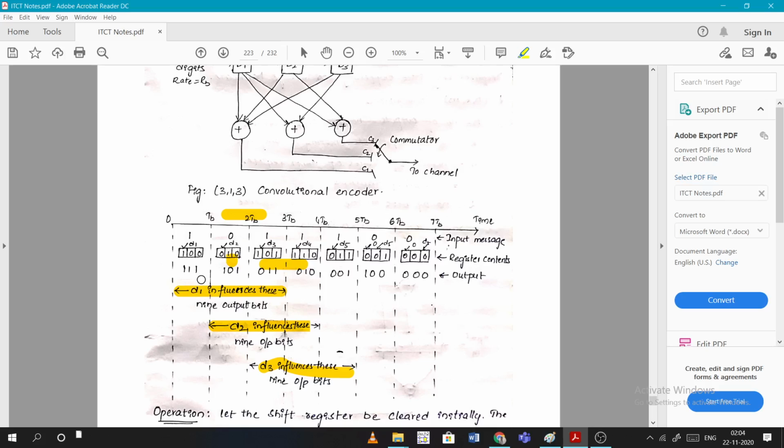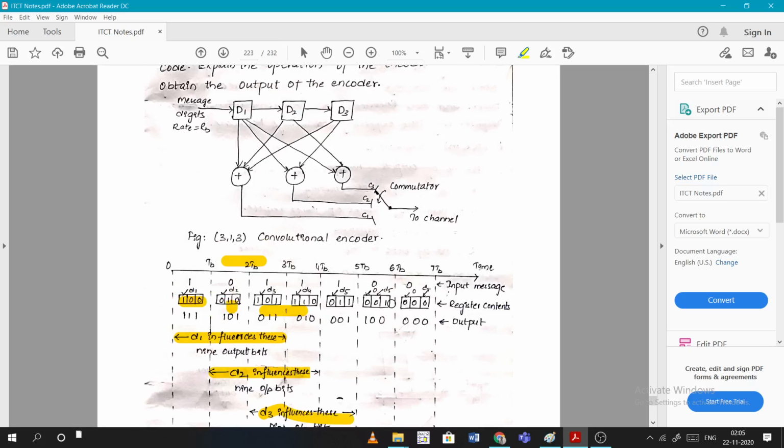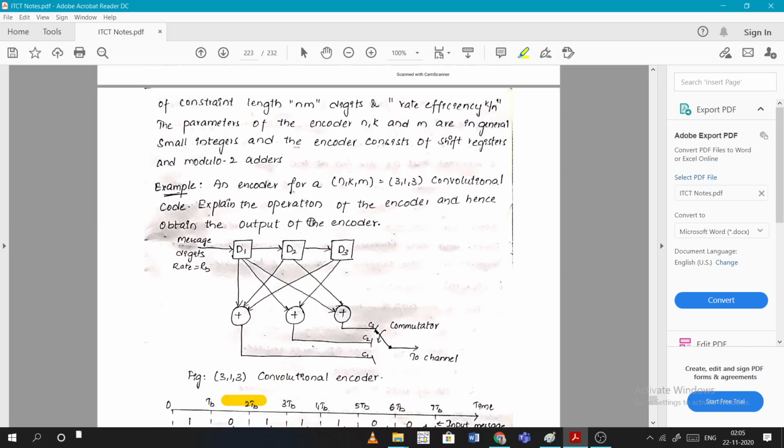So basically when you observe here, the total length of this block is what? 9. How? Because 3 bits in each, right? So 3 3 3 is 9, like that, 3 bits. So basically we can say directly that it is n into m.